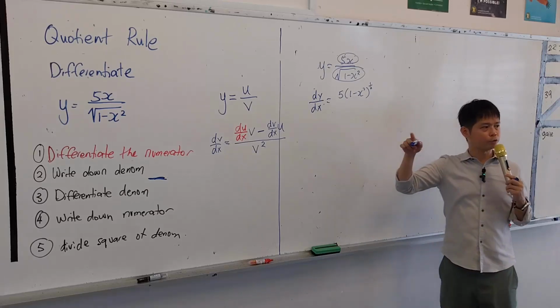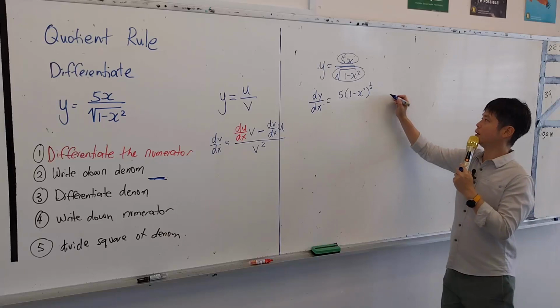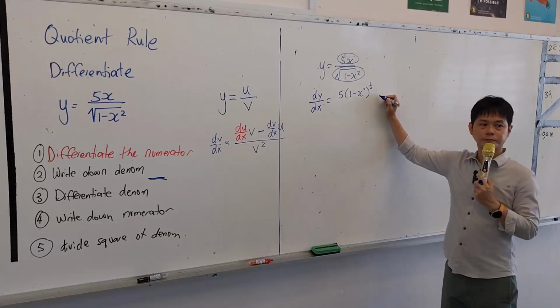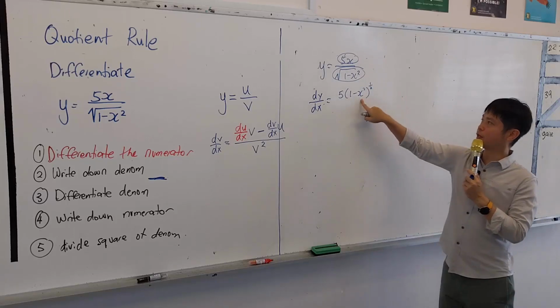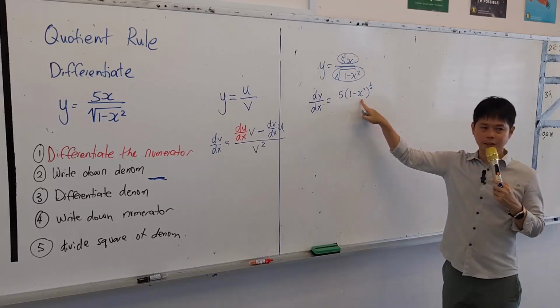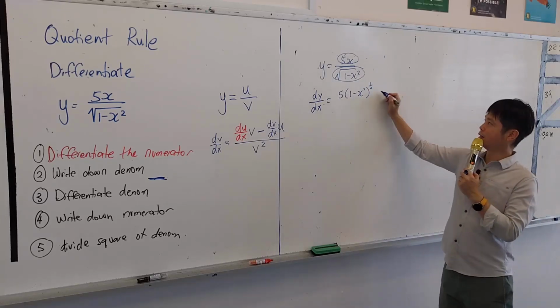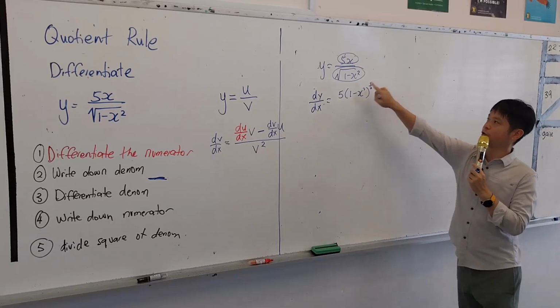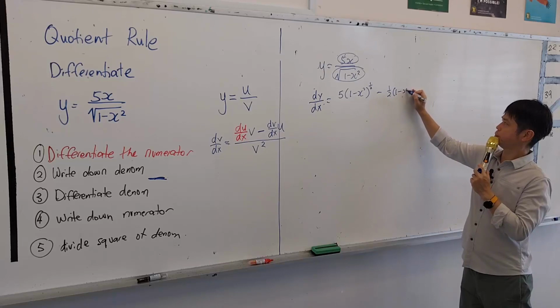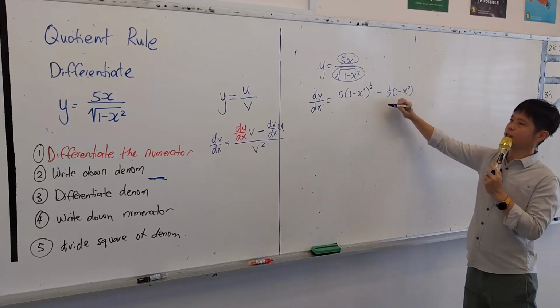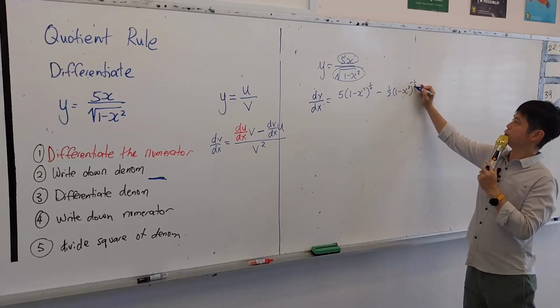Later we are going to break it into 5 parts, so you will see clearly. Differentiate the first one, then just put down the denominator. Just put down only. Minus. Now I differentiate the denominator, using chain rule.